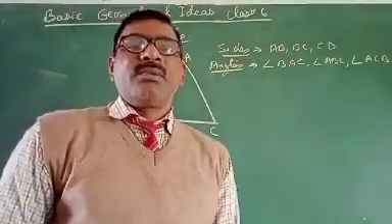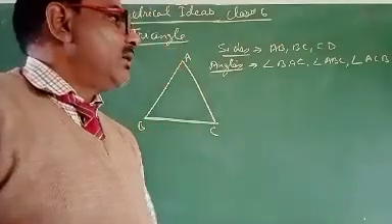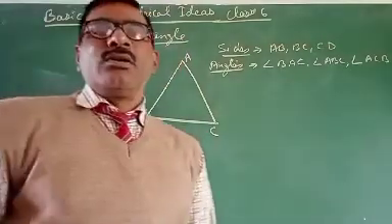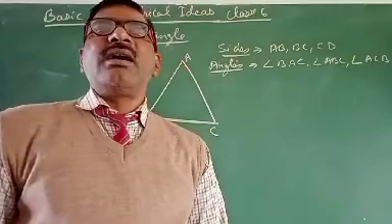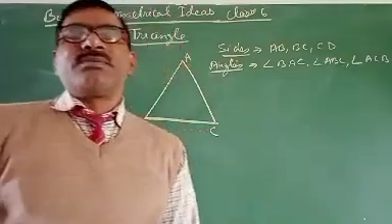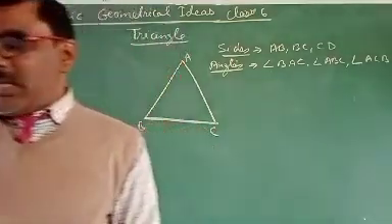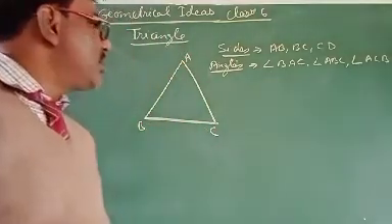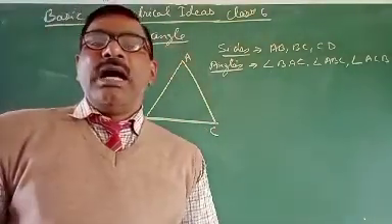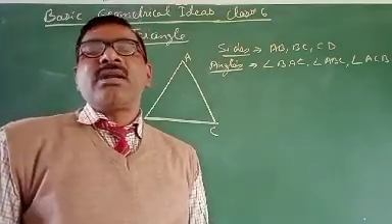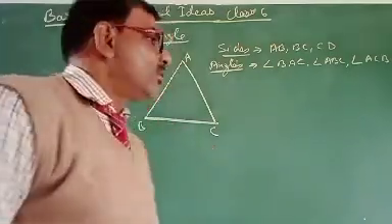These are the angles of a triangle. So we can say a triangle is made of 6 parts, 3 angles and 3 sides. Now, what is the interior of a triangle and what is the exterior of a triangle?